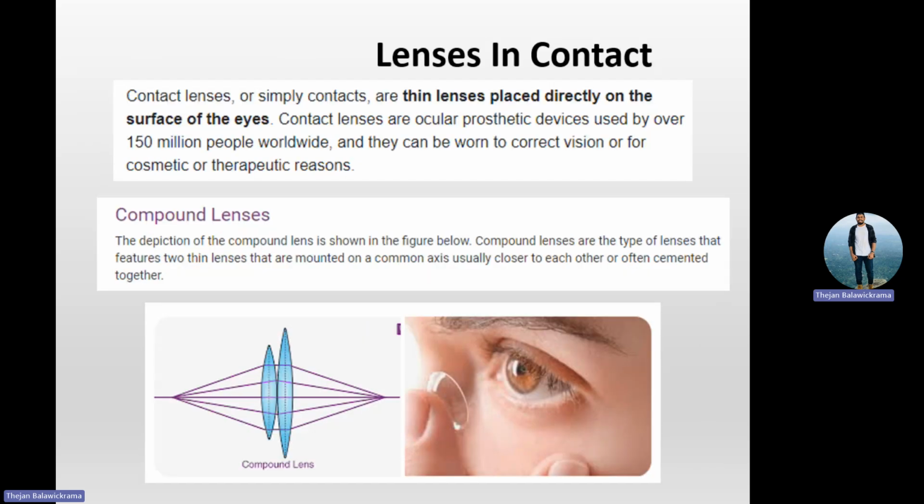So, lenses in contact. Why did I spend much time on contact lenses?